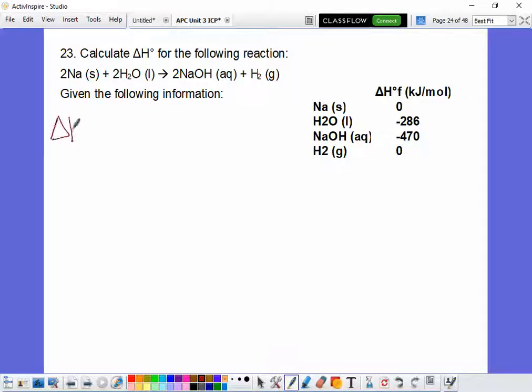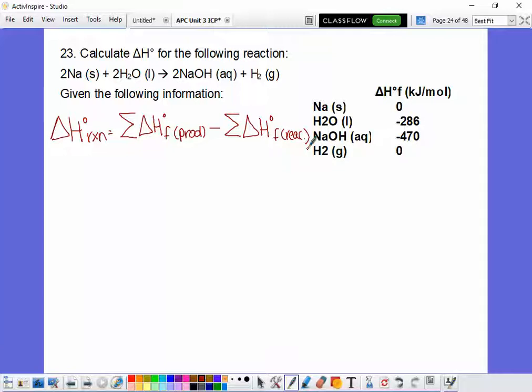Let me write it down for you. This formula is on your formula sheet, so you don't need to memorize it, but you just need to know how to use it.